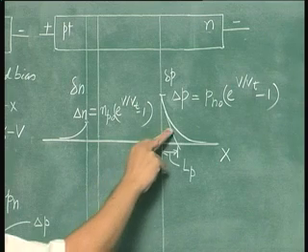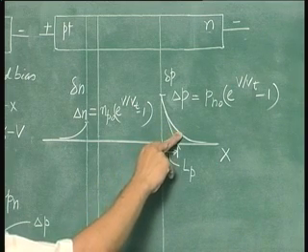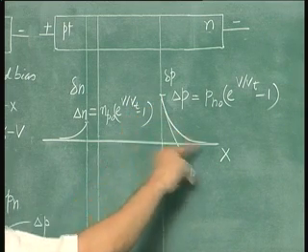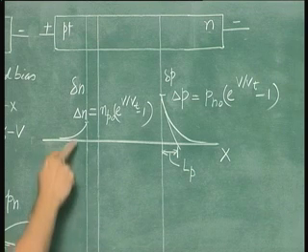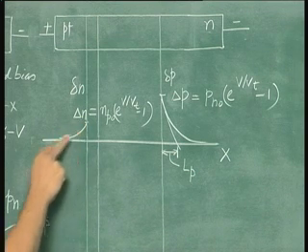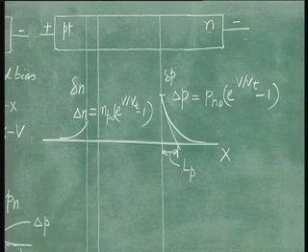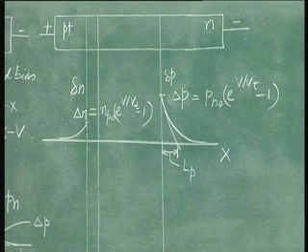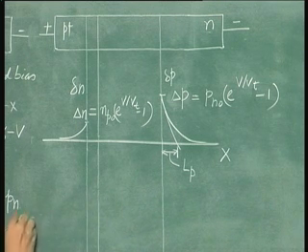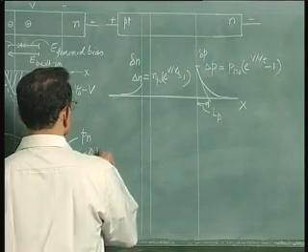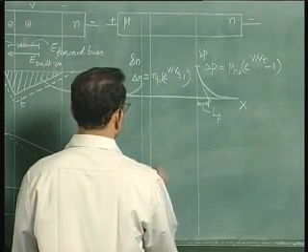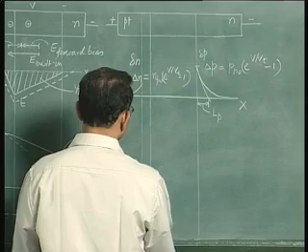The current density for holes, for example in n region, is simply the slope of this, and the current density of electrons in this region is simply given by the slope of this shape of the curve. So let us draw that here. So this is the 0 line.